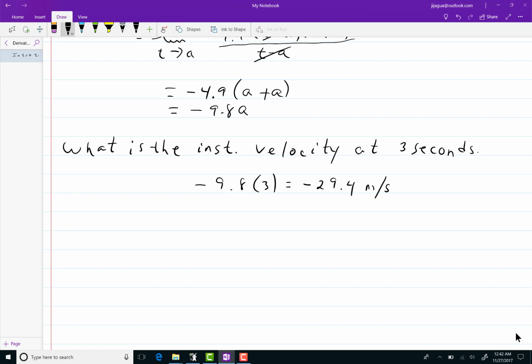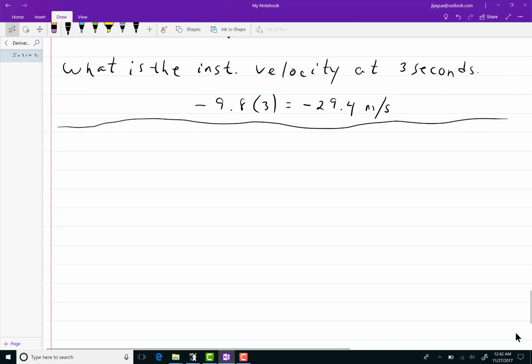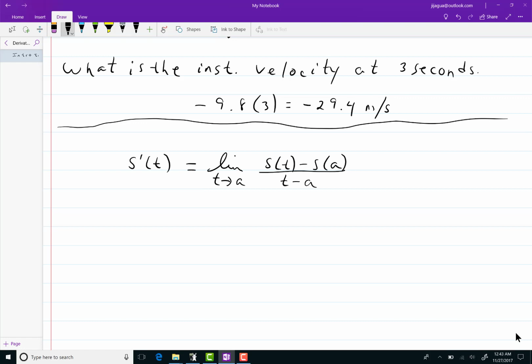The only thing you can't do, I mean, eventually you're going to put in a number that's so big the object has already landed. But what we have here is the notion I was talking about. The thing that I have, the limit as t goes to a of s of t minus s of a all over t minus a, this is called the derivative of s. In fact, not a t, let me change that to an a.